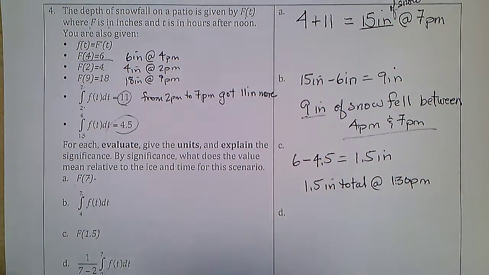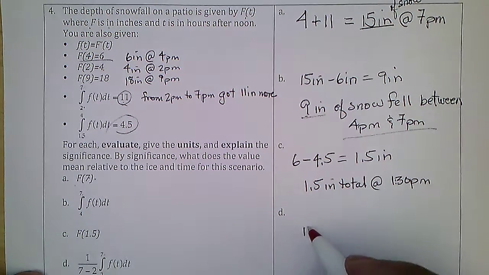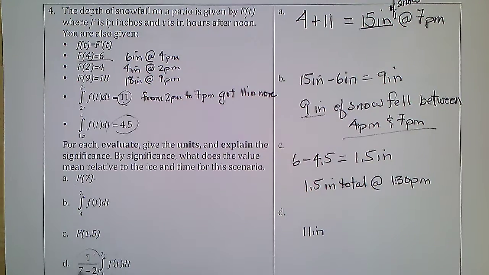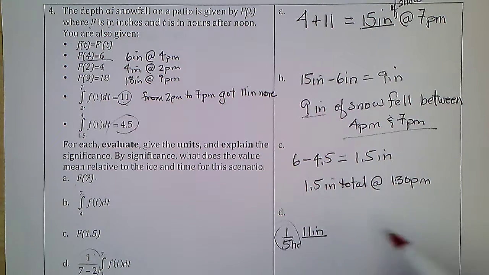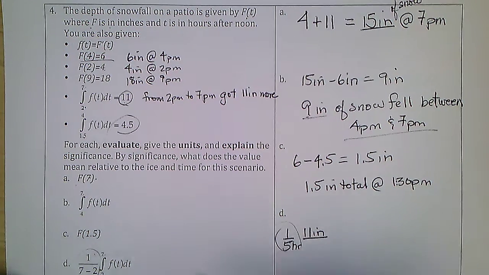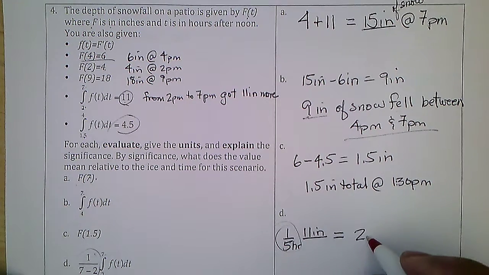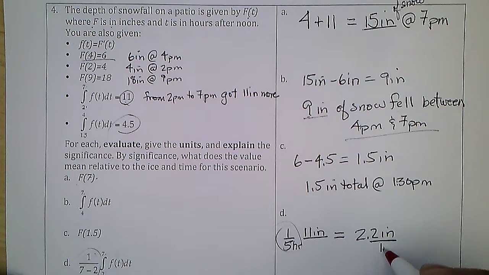And finally, this says how much snow fell between 2 and 7. Well, between 2 and 7, 11 inches fell. And 7 and 2 are the time, so this is 5 hours. That's the change in hours. And we got the change in snow amount, which, if you divide it, you get 2.2 inches in those hours.